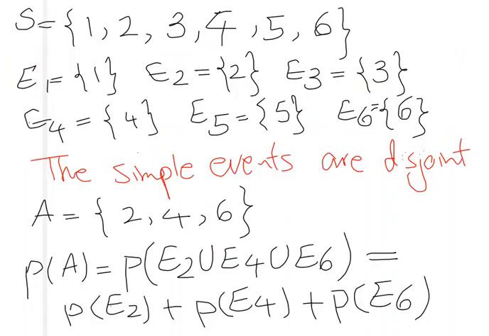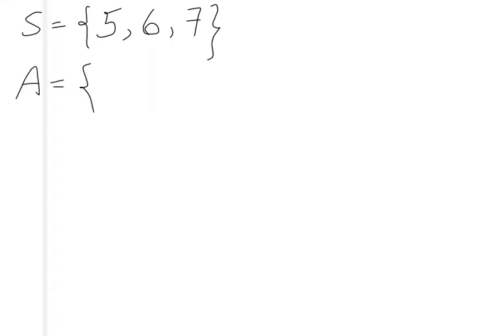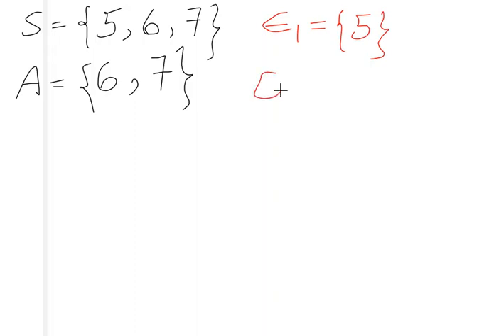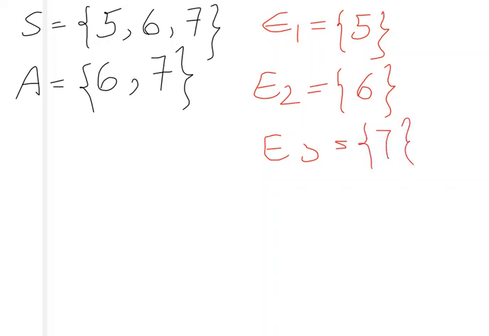So S is 5, 6, 7. So A is 6 or greater than 6. It means 6 and 7. We have E1 as 5, E2 as 6, E3 as 7.